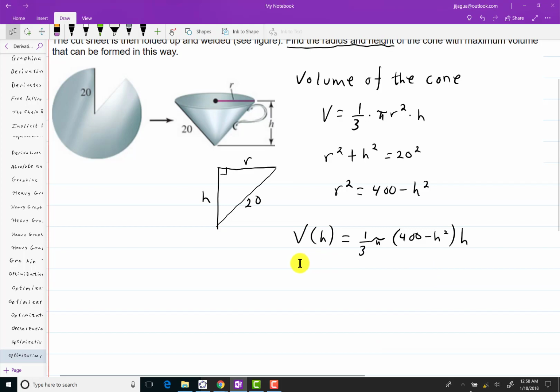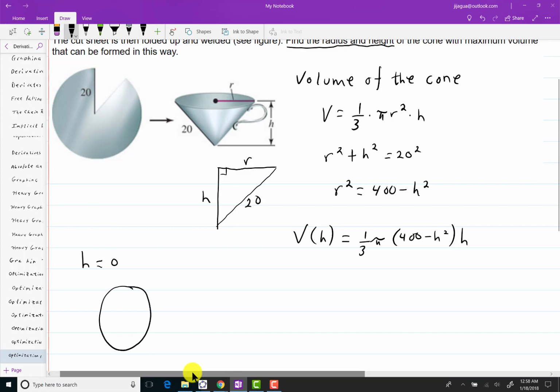Now, what are the possibilities here? h is our variable, so what's the lowest h could be? h equals 0 would be something where they just notch this but don't actually cut anything out. You'd have a circle that's flat, and it would certainly have no volume. Another thing you could do is h equals 20.